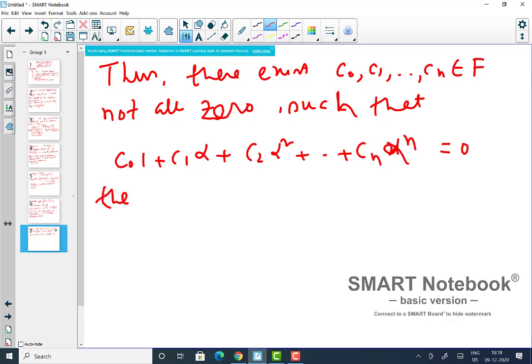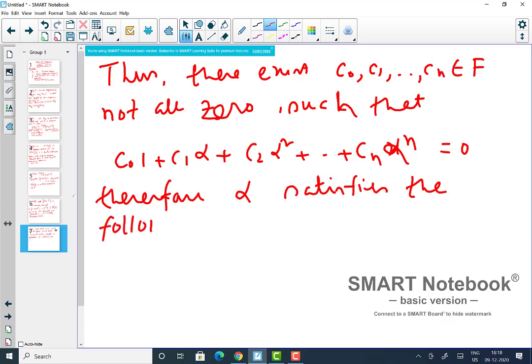And therefore alpha satisfies the following polynomial. So what is the polynomial?